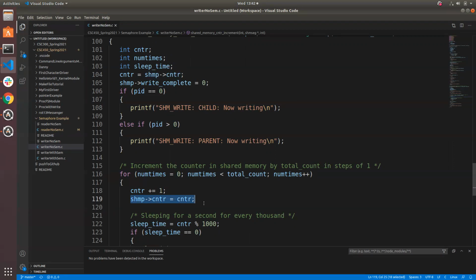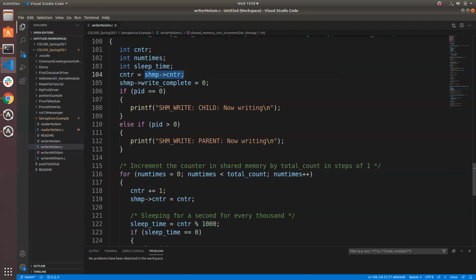These are two completely separate processes that are scheduled by the CPU, which is out of our control. And it's entirely possible that the parent gets the count to 100 before the child even gets to this line. That's possible in the current setup because the shared memory counter is the same place in memory for both the parent and the child. They both are looking at that same number.